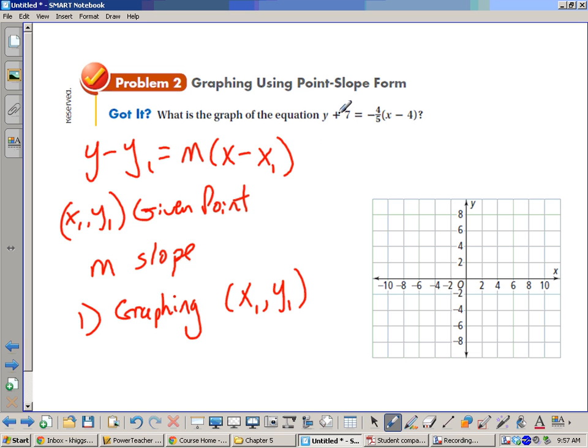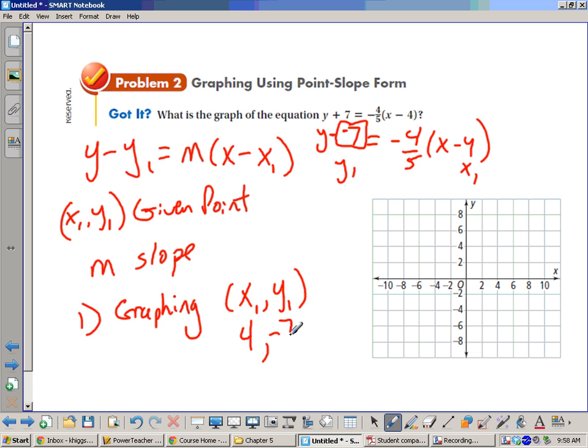So in this situation, we can see that we need to rewrite this. Y minus a -7, because we have to recognize that our y1 is -7 and our x1 is 4. So we're going to have to graph the ordered pair 4, -7. So we go over here to 4 and down to -7, and we start there. The slope is -4/5.